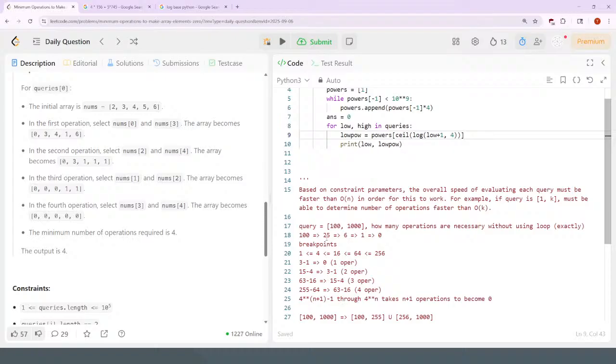I don't know about that. No, this cannot be how I should do it. So the low power should be the lowest power 4 that is inclusive within the range of values. And the high power should be the highest power 4 that's inclusive in that range.